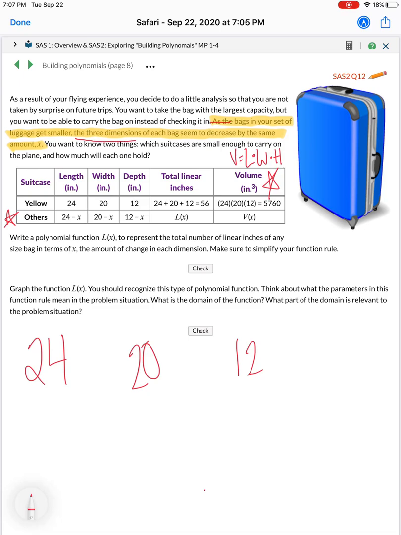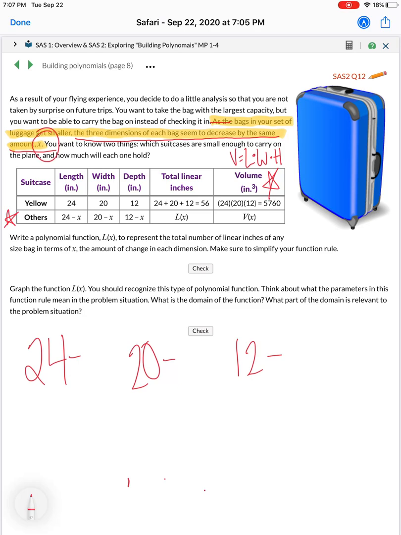So, same thing again. The 3 dimensions of each bag seem to decrease by the same amount, x. So, they each decrease. The word decrease in math means to subtract, right? They all decrease by the same amount, x. Do we have an exact amount?